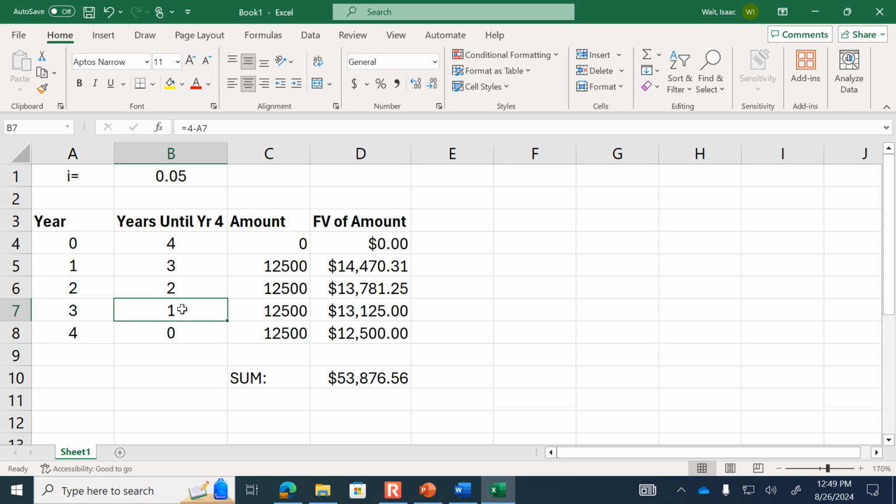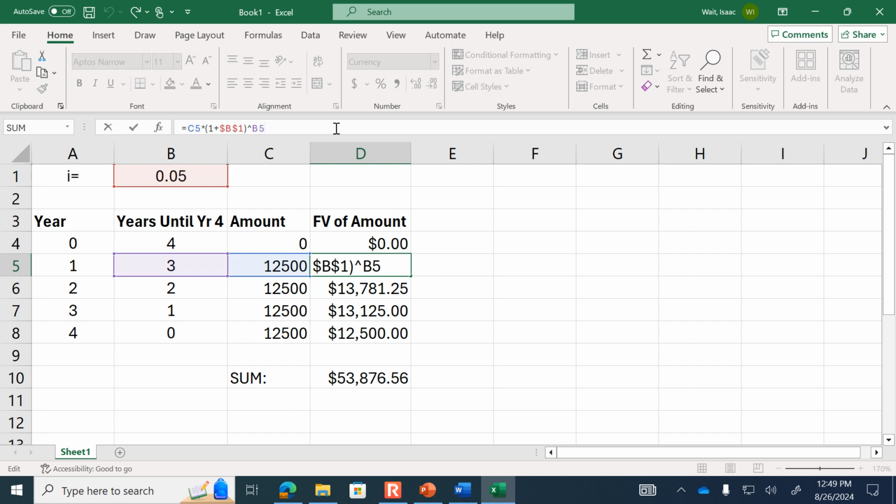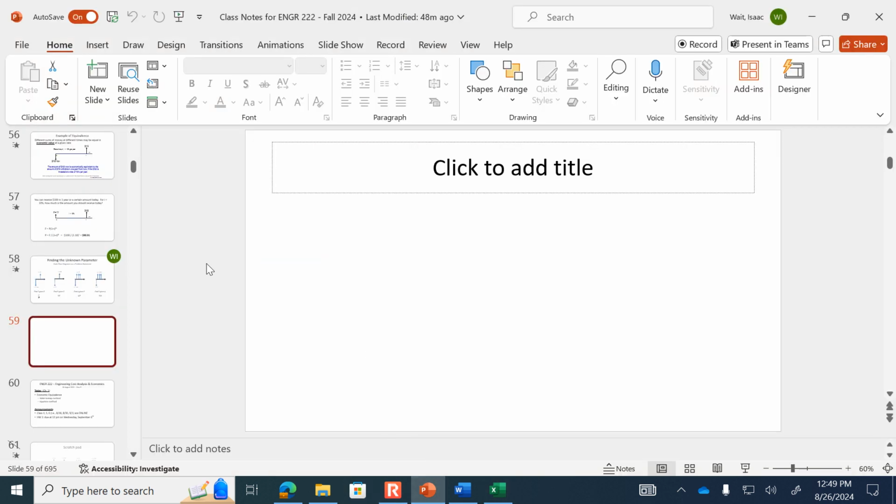The future we're interested in is year 4. So I'm using that same formula of find F given P. So the future value is the present value times (1 plus i) to the power of n. So you'll get a chance to start using Excel for these calculations, but it's also important to know how to do it using the equation method.